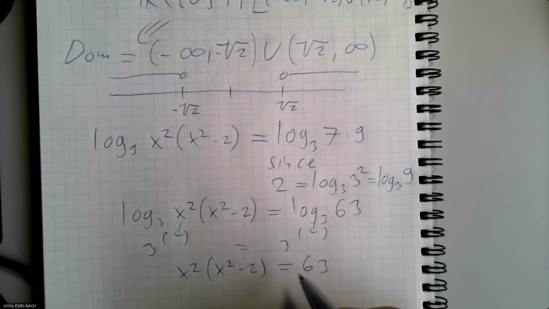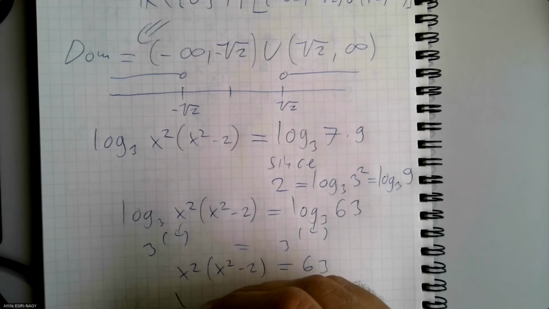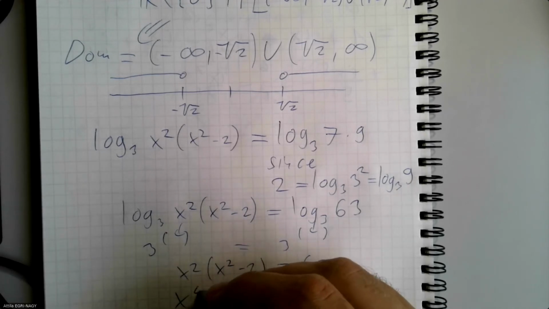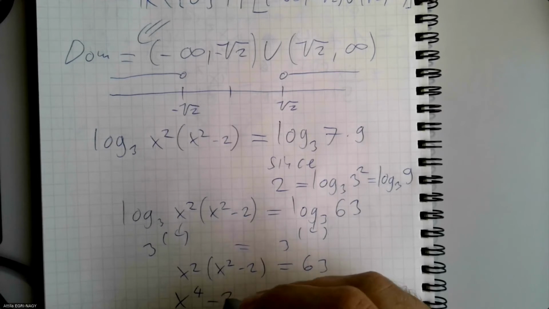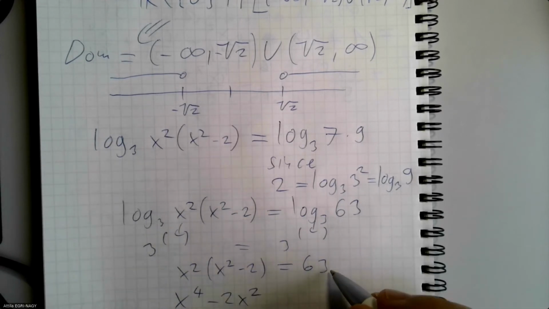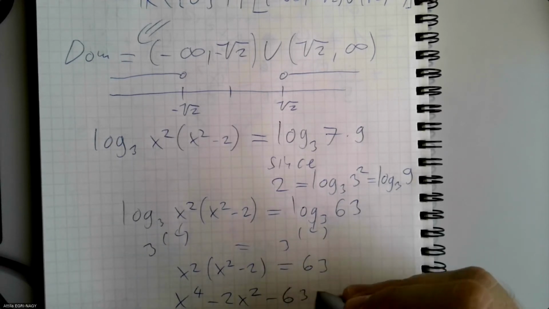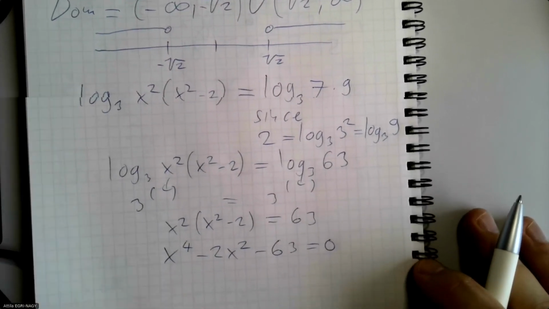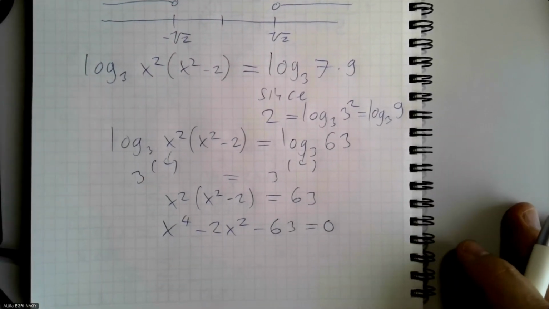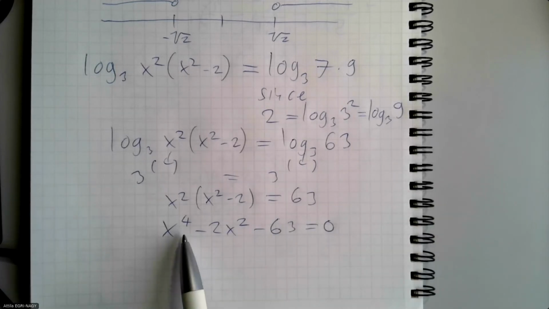So then, let's try to rearrange this. x to the power 4 minus 2 times x squared minus 63 equals 0. This is not as straightforward to solve, because we have x to the power 4.